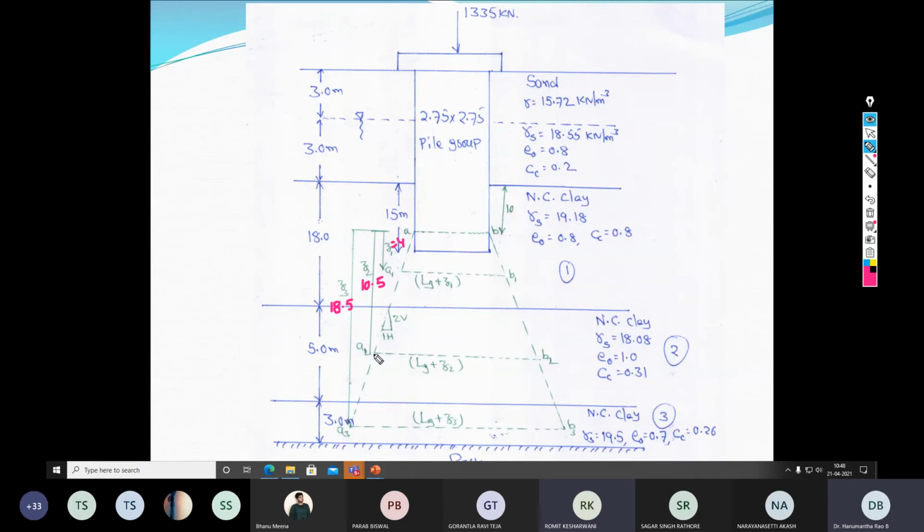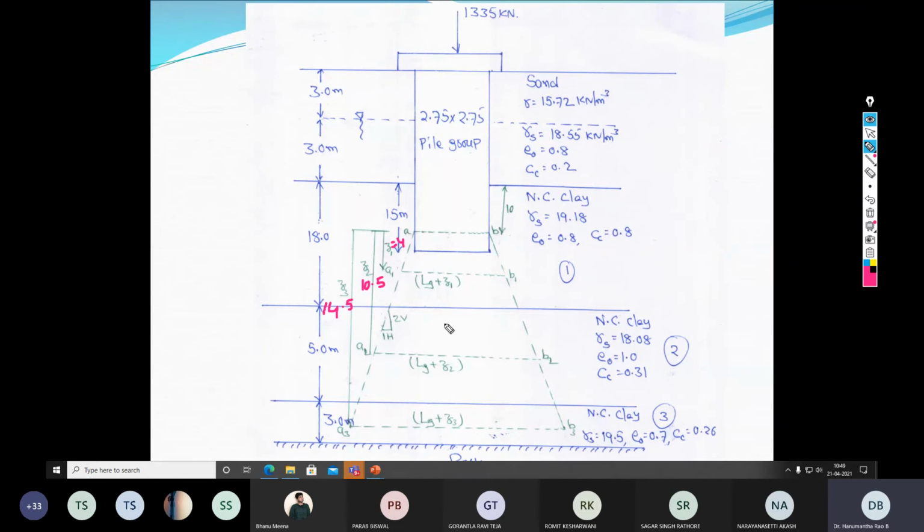Z2 is 10.5. So 10.5 plus 2.5, this is 13. 13 plus 1.5, 14.5. Yes, sir. Z1 is 4. Z2 is 10.5. Z3 is 14.5.